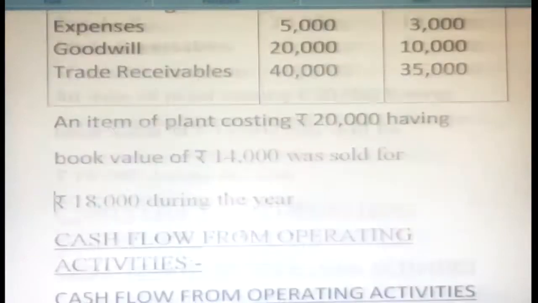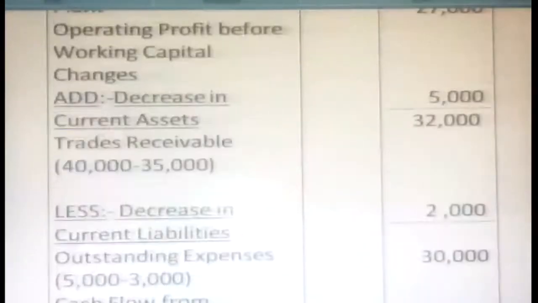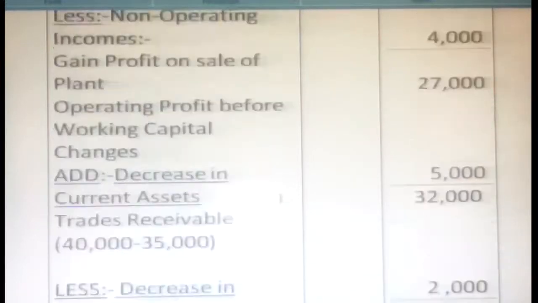So 35 became 40, so it is an increase. That's why I have shown it in trade receivable, correct? 5,000 is shown here.